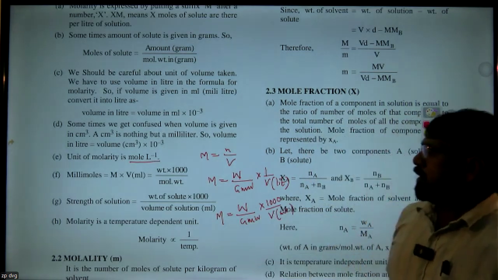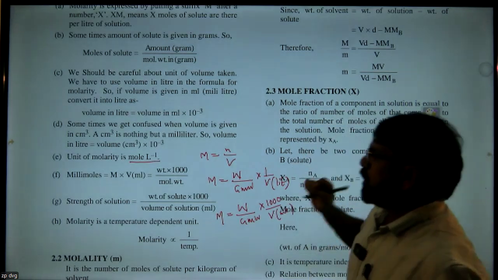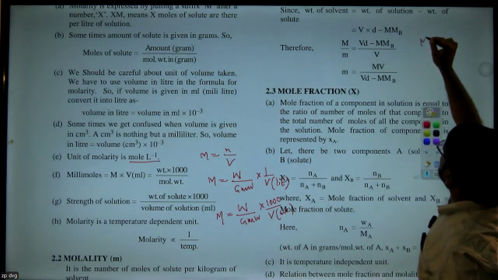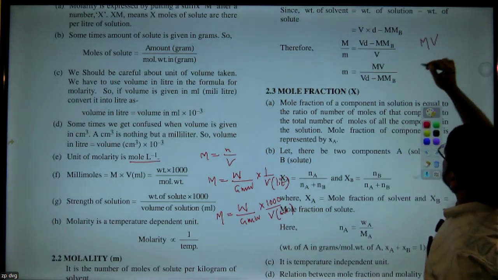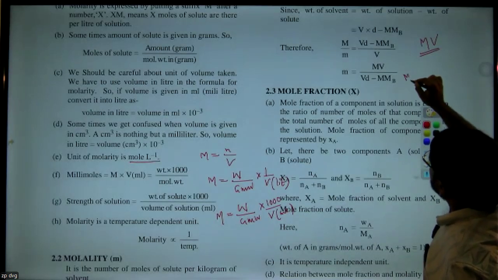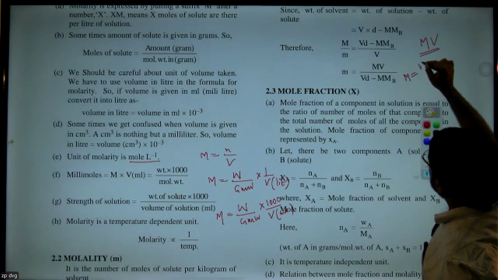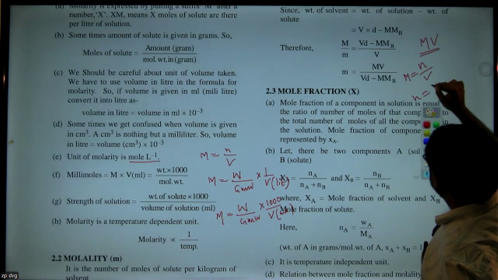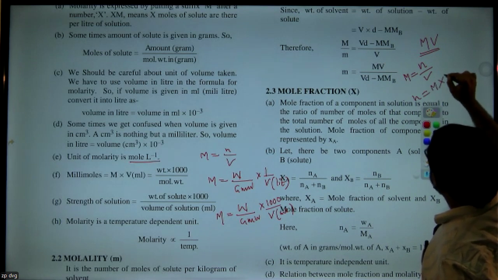Next, for example, if molarity and volume are given, how can we calculate the number of moles? Molarity is equal to N by V. From this, number of moles is equal to molarity into volume.